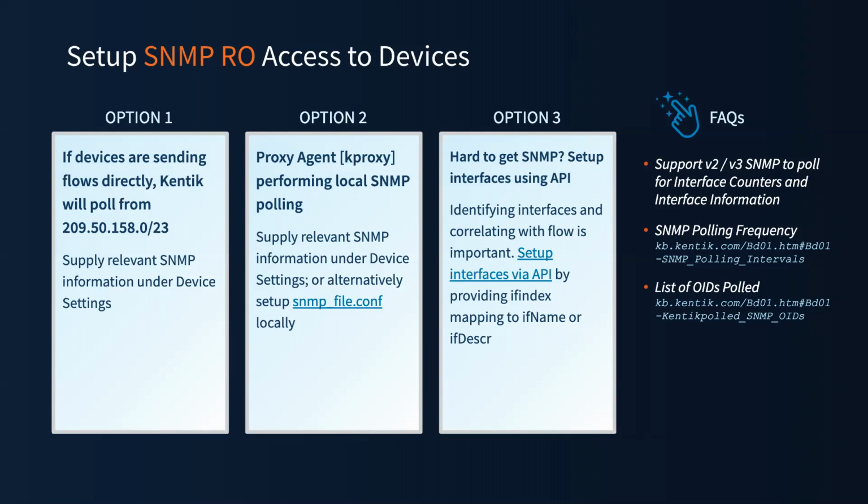This is the kproxy agent again, which will do local SNMP polling, and there is relevant information here, and we'll talk about that in a second. Option three is if you don't support SNMP or don't want to support SNMP, we have an API gateway where you can let us know all the interfaces of your devices, the interface IDs, and some other details using the API.